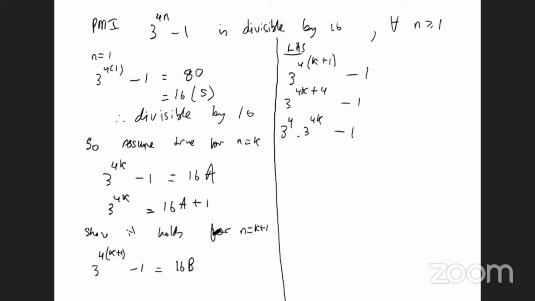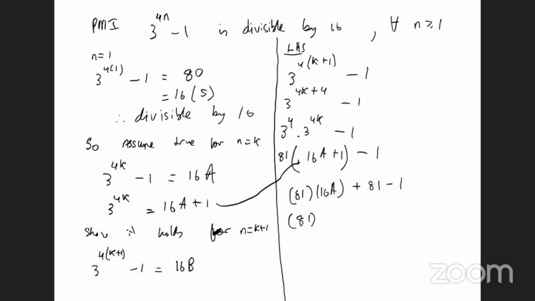And let's finish it up. 3 to the 4 is 81. By, so I'm going to put that part in here. That'll be 16a plus 1 minus 1, so that will be 81 by 16a. I don't have a calculator. Plus 81 minus 1.